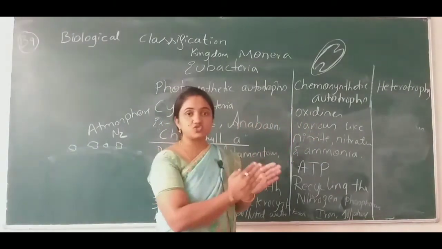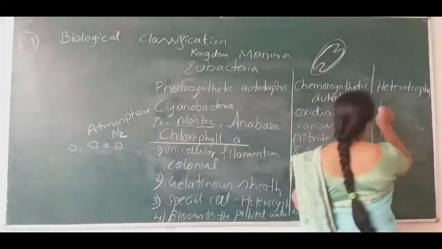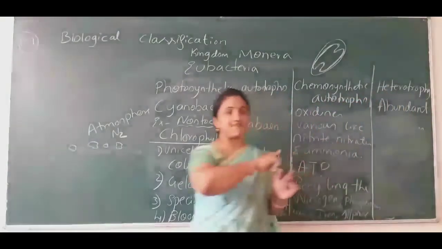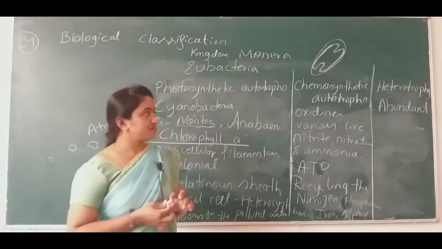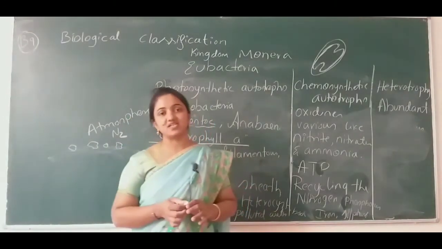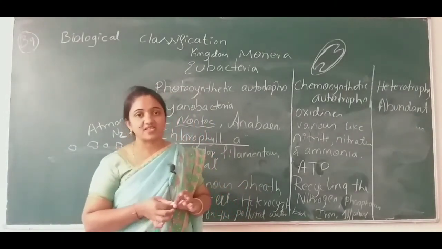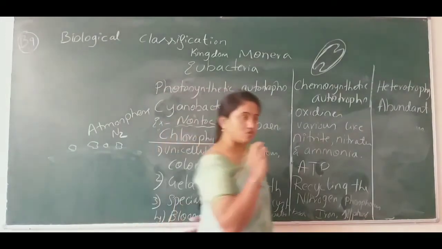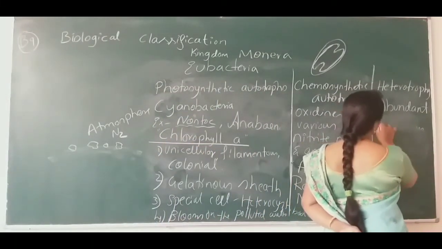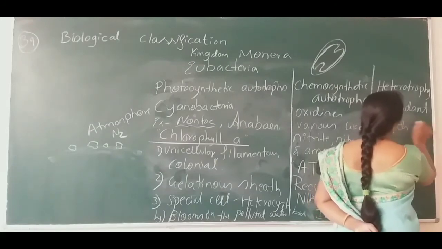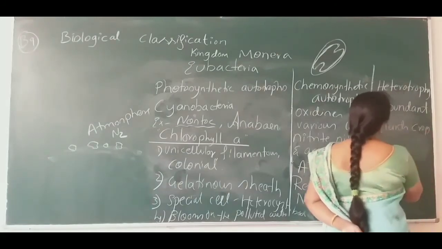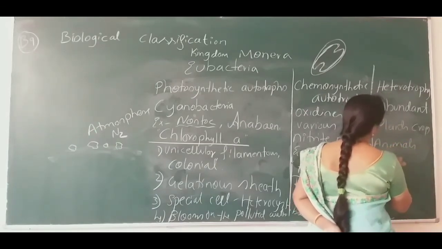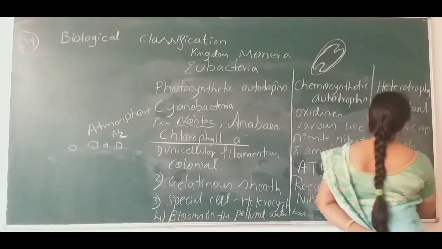So these are useful bacteria, and this type of bacteria is abundant in nature. A number of bacteria are available in nature, and some harmful bacteria are also there. Harmful bacteria in the sense that they cause diseases not only to human beings but also to plant crops and animals and so on.